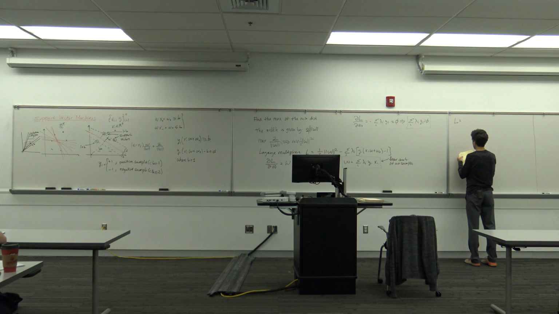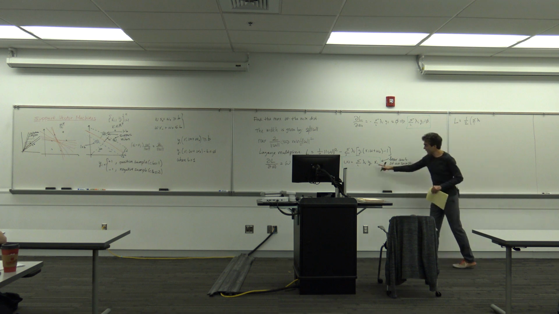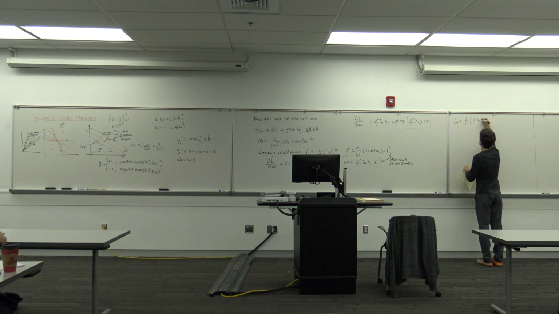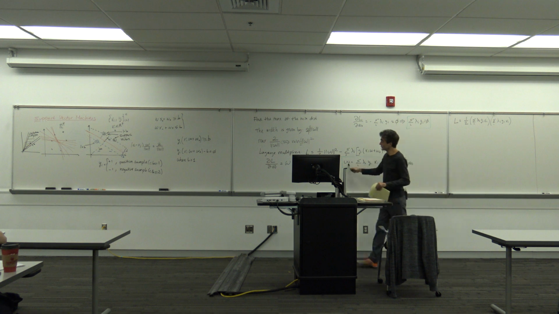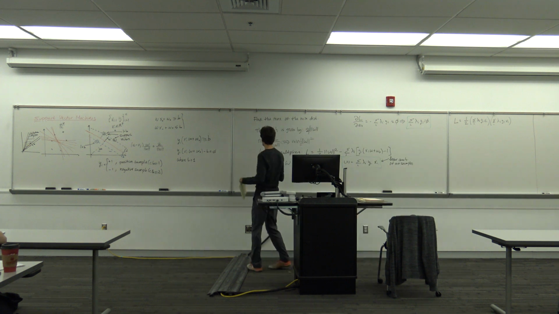If I substitute these results in our criterion, I get 1/2 of the sum of lambda i yi xi, times the sum over all i of the same thing, because this is W, and I'm just substituting W. Where do we have L?